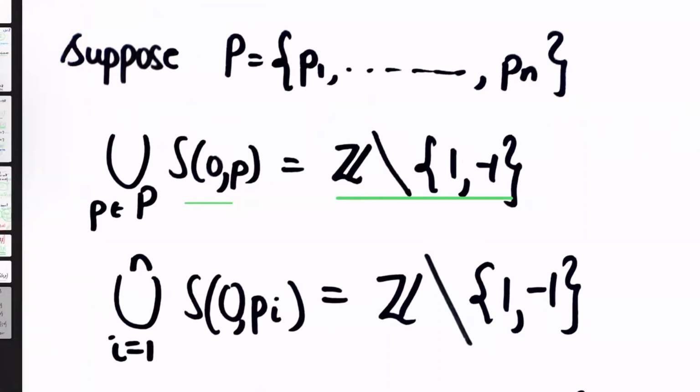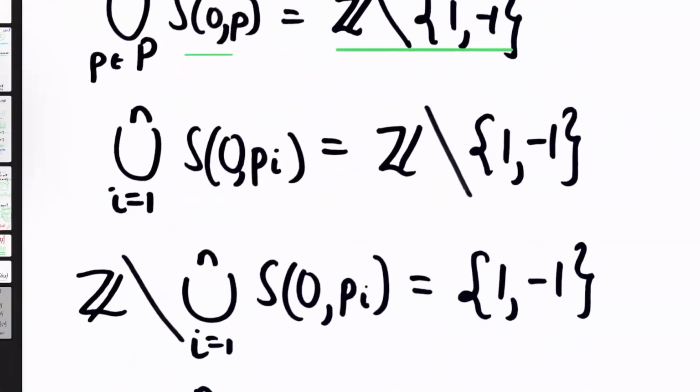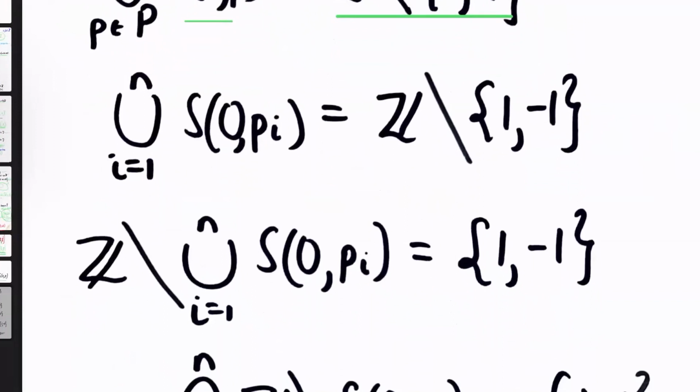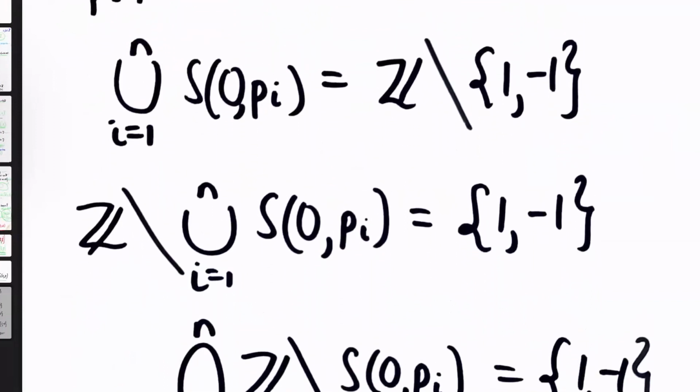But now the problem with this is that if you take complements on both sides, here you get just {1, minus 1}. And here you'll have to use De Morgan's law to obtain that this is the intersection of Z minus S_{0,Pi}s. Now each of these S_{0,Pi}s is closed, as we had observed; for any prime P, S_{0,P} is both open as well as closed.